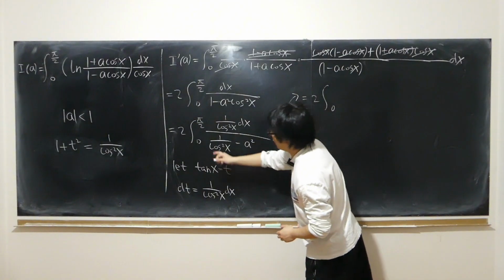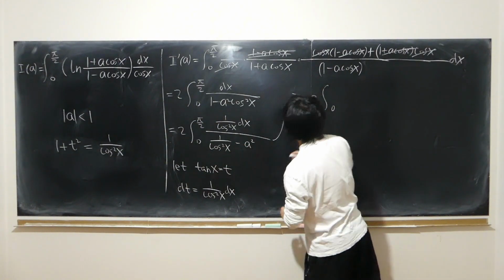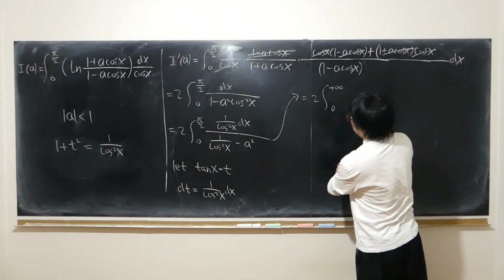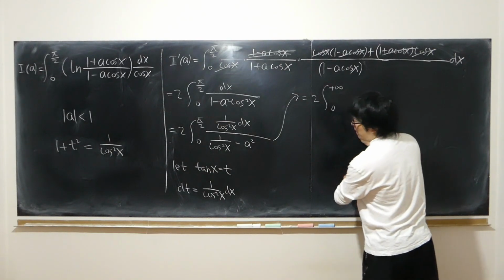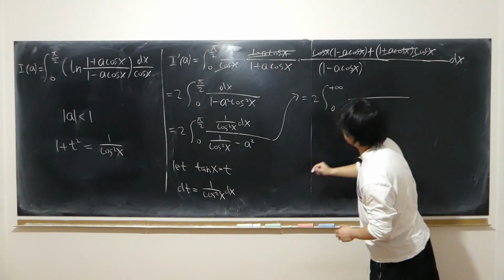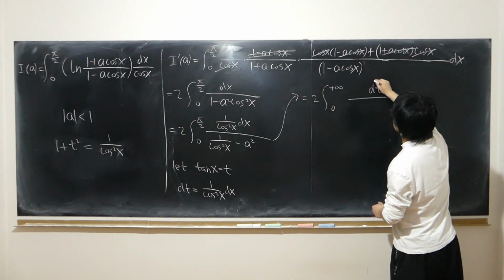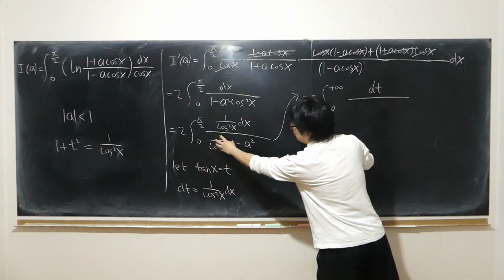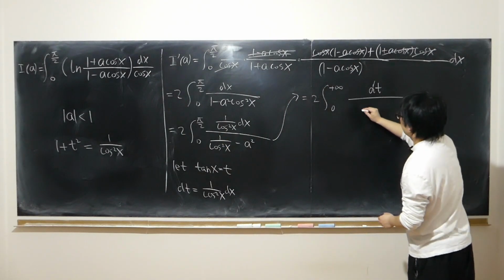When x is equal to half pi, t should equal to positive infinity. And we have, like I said, top now becomes dt. Bottom, this term becomes 1 plus t squared.